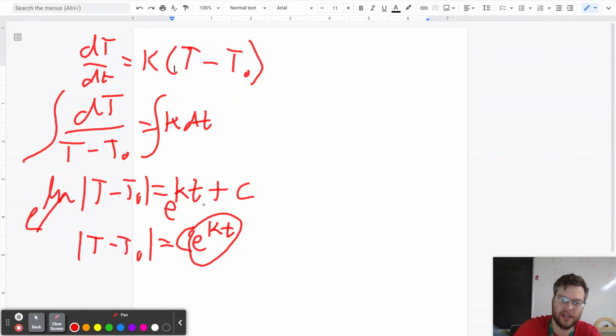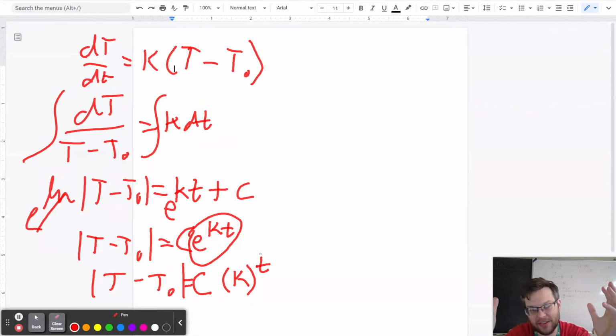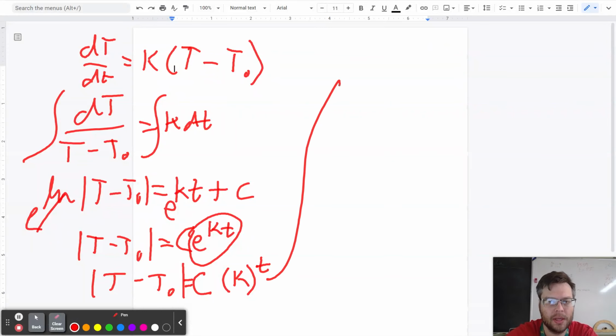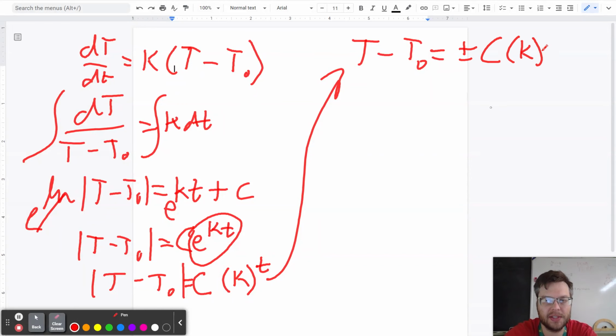I don't believe I showed you this in class yet, but you can write that as c times k to the t, because e to the k is just a constant anyway, and e to the kt is just e to the k raised to the t power. So you can do it that way, whatever makes you happier. To deal with the absolute value, you have to do a plus or minus. So positive or negative c times k to the t, and then add T naught.